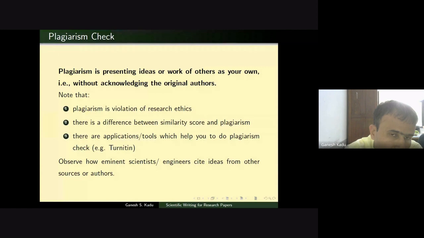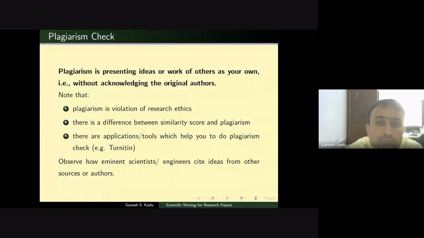So suppose there is some paper that has already been published, let's say XYZ paper, and some of the things that you have mentioned in your paper are in common intersection. Then there is a similarity. Okay, it doesn't mean plagiarism. There is a similarity.